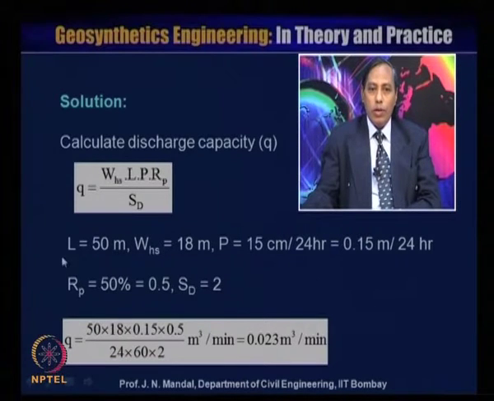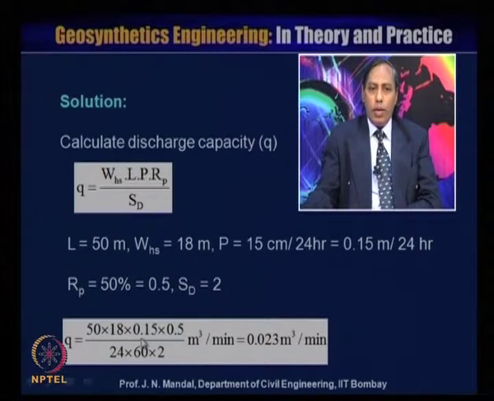Then you substitute these values into this equation: L is 50, P is 0.15, and RP is 50%, that is also 0.5, divided by HD, HD equal to 2, and because we have made it in terms of minutes, that is why 24 into 60.